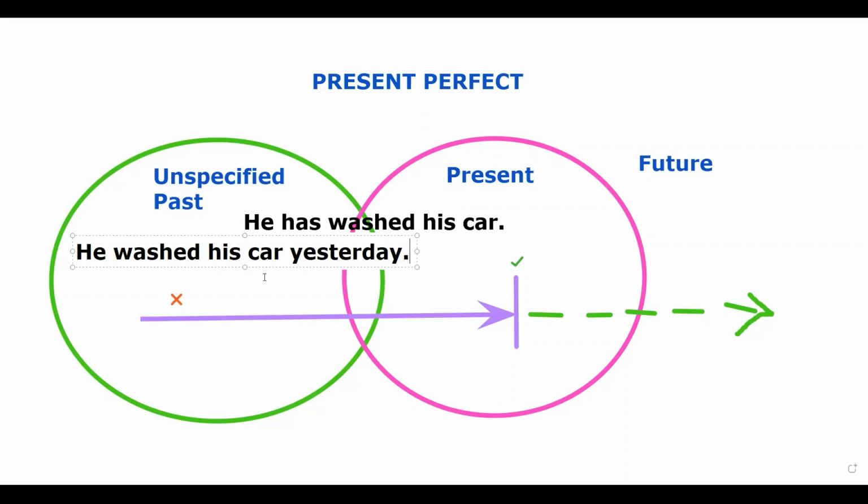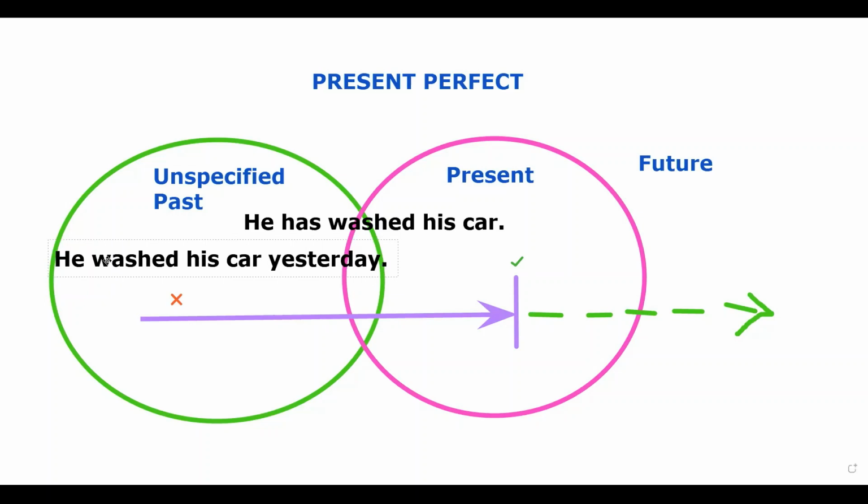All right, look at this example here. Can you see the difference here? What do you think is the difference? Yeah, that's right. There is no has, which means it is not present perfect.